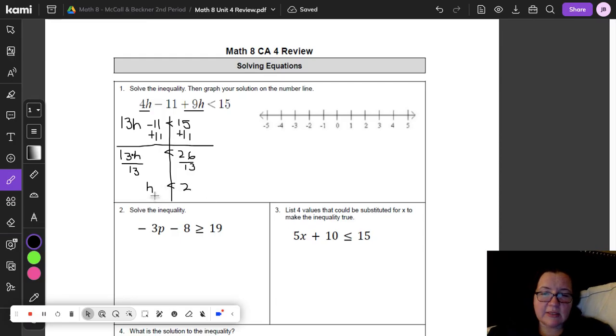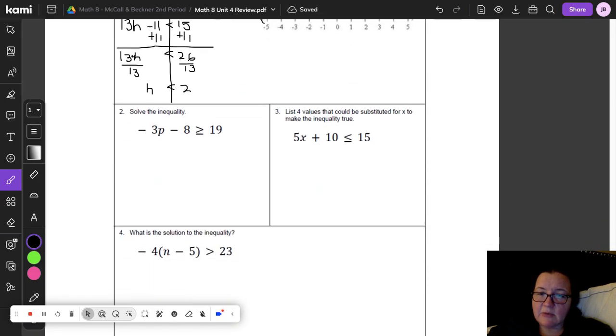So our inequality is h is less than 2. So we're going to put our circle on the 2. We are not going to color it in because it is just less than. And we're going to make sure our arrow goes to the left, to the left, to the left. All right, let's keep cooking.